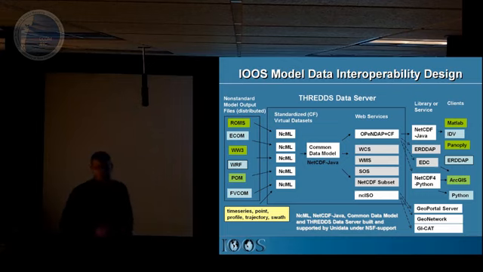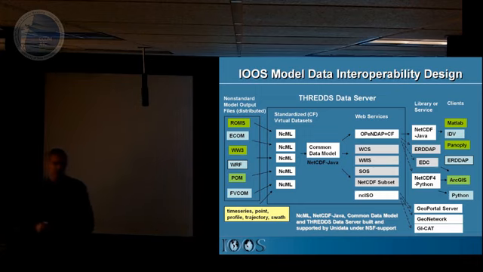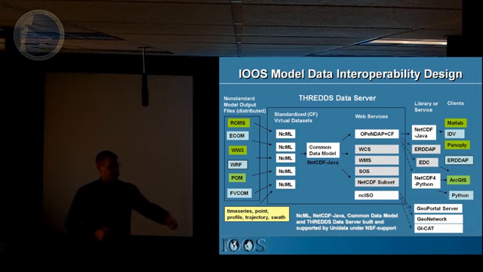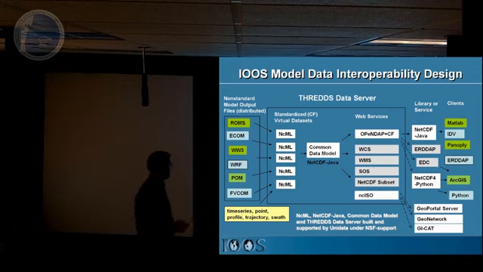And so we could have gone back to the model producers and said, hey guys, you've got to change all your output, make it CF compliant, and when you do that, then we can hook you up. But luckily, Unidata has this THREDDS Data Server, which is everything inside this little box here, and it's composed of a common data model, which is really those CF conventions applied.